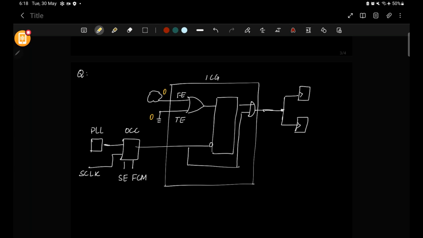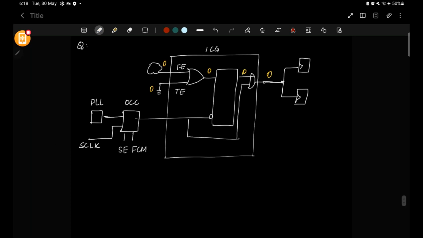Just assume that the functional enable is also 0. Then here you are getting 0, so the output of this latch also will be 0, and the output of this ICG will become 0 completely. So in scenarios like this, proper clock will not get propagated to the flops.